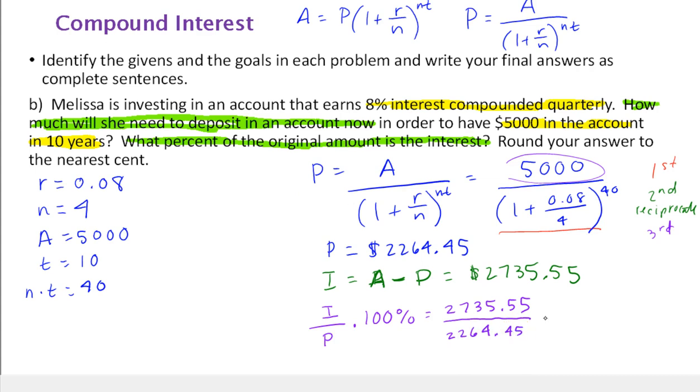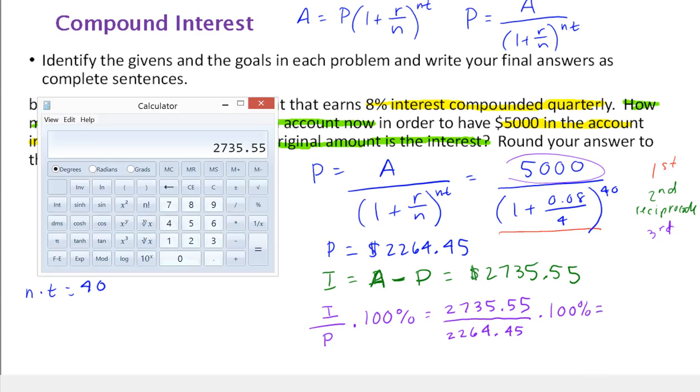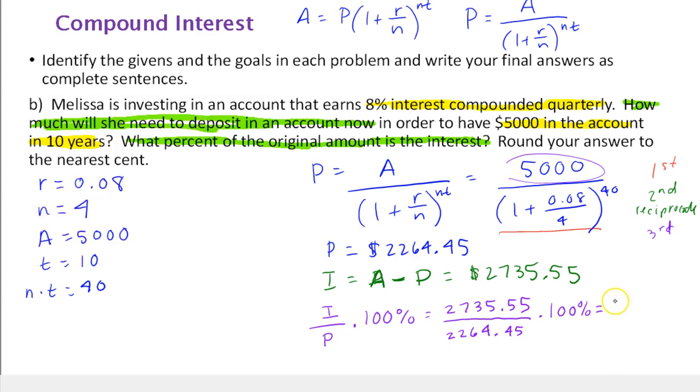And that's fine. That's good if you're investing to have a return greater than 100%. Okay, so the interest is still in the calculator. I'm going to divide by 2264.45 times 100. So now I'll round this result to 2 decimal places, and it'll actually be the same as 1 decimal, 120.8%.